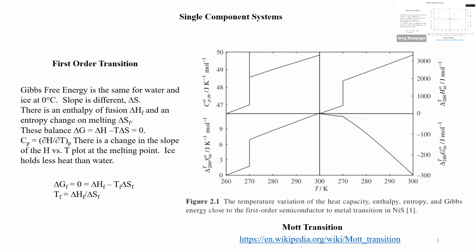You can have a gap between the populated bands. There's a Fermi energy level for the material, like the average electron energy, and it can lie between the conduction band and the occupied bands. If you excite the electrons, they can pop over into the conduction band.